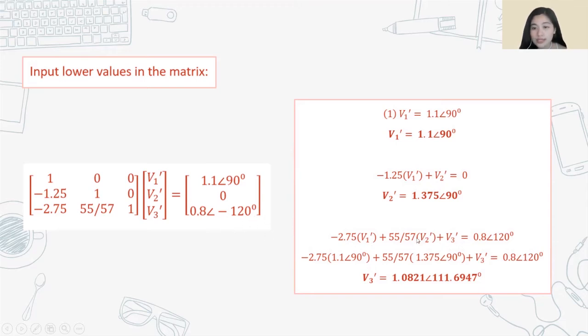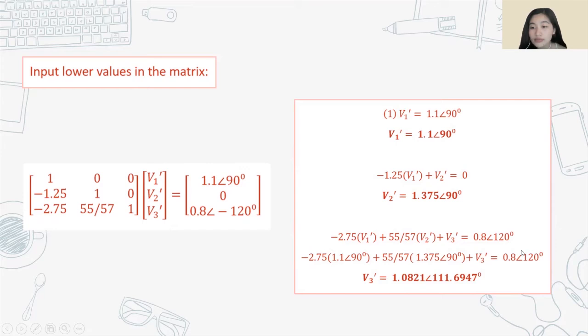V1 and V2 have their values, so substitute them. Performing the equation, kunin mo yung product nito, add mo silang dalawa, and divide both sides by the value of this. Now we are going to arrive at an answer of 1.0821 at an angle of 111.6947 degrees.